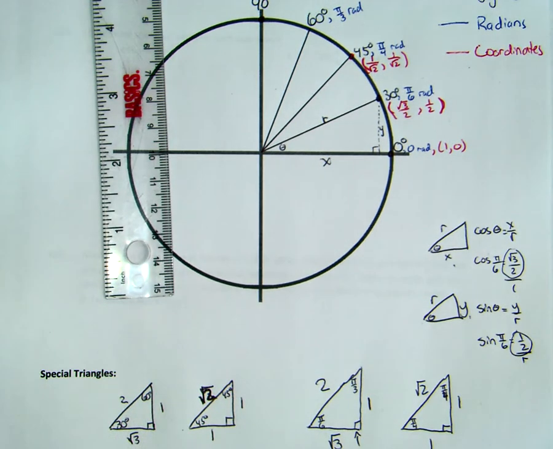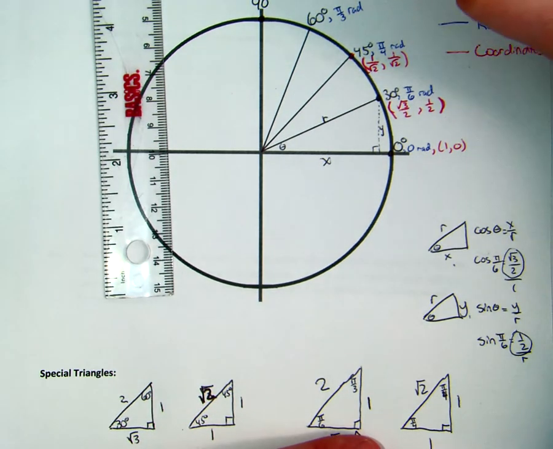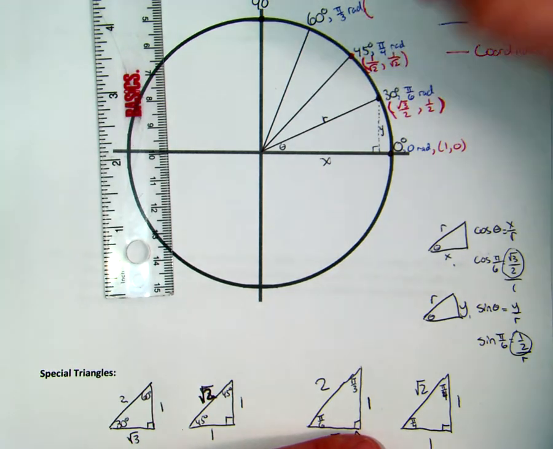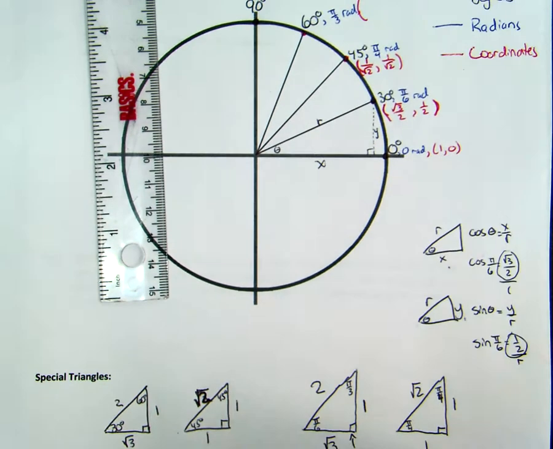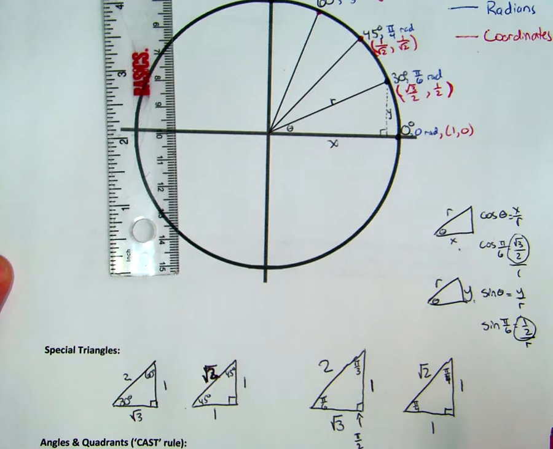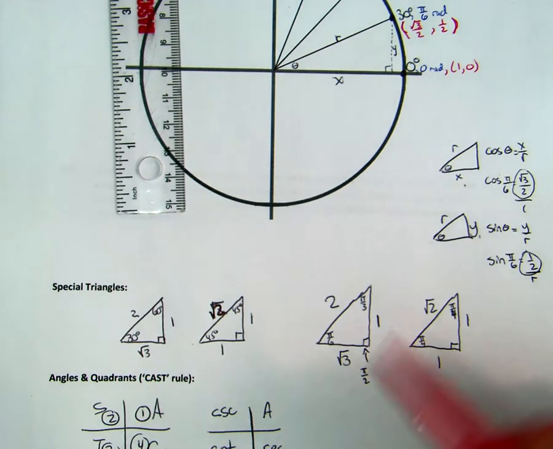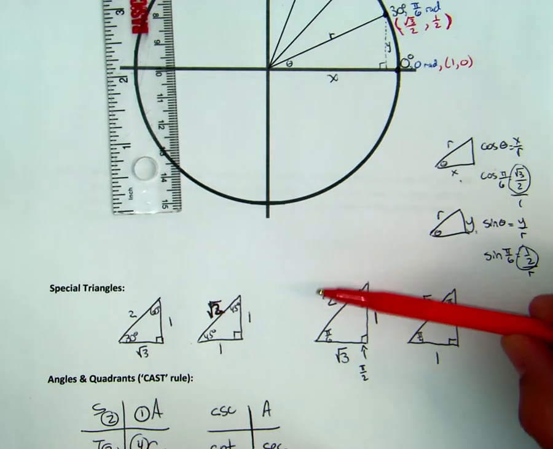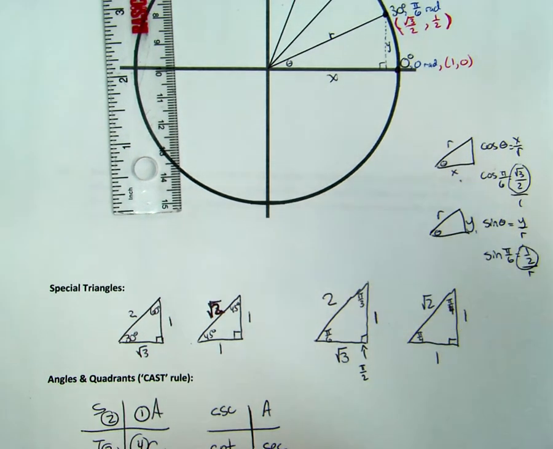At 60 degrees, I should have done this all beside, I guess. So at 60 degrees, I'm going to have, again, the x coordinate. So I go back to my unit circle. 60 degrees is pi over 3 radians. So for the cos, it's going to be adjacent over hypotenuse, so 1 over 2.